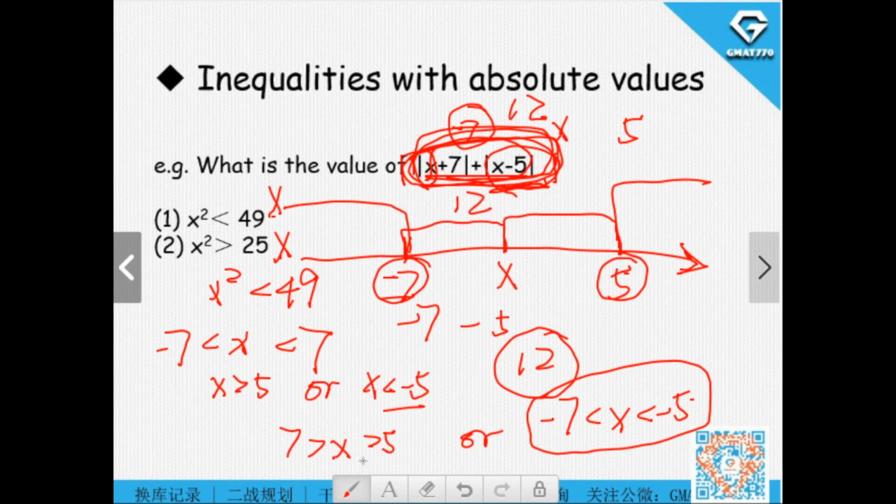But if x is in the range greater than 5 but less than 7, the value of x will change the value of this expression. So when we combine these two statements, we cannot figure out the only one value of this expression, so it is also not sufficient. The official answer of this question is E.